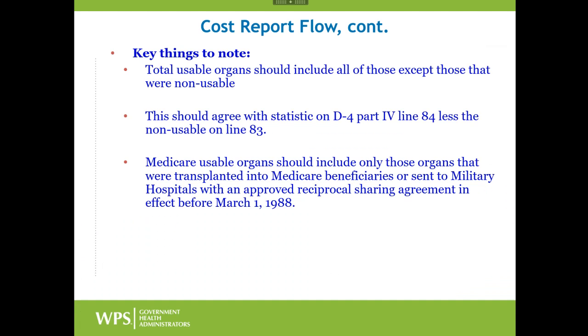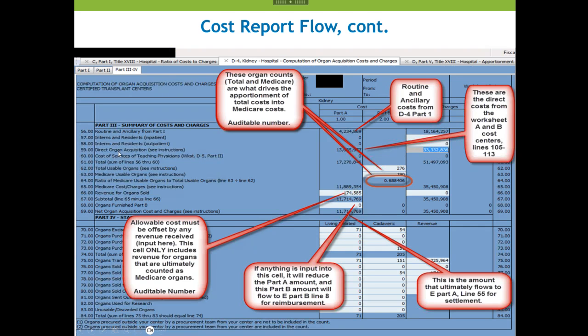D-4 Part 3 is where we are focused right now. A lot of stuff happens in this little section. So Part 3, I said you're bringing in the routine and ancillary costs. We're bringing them right in here from D-4 Part 1. We don't have lines 57 and 58, pretty rare. That's at D-4 Part 2 if we needed it. Line 59, that would have been the direct organ acquisition cost from those Worksheet A direct organ lines.